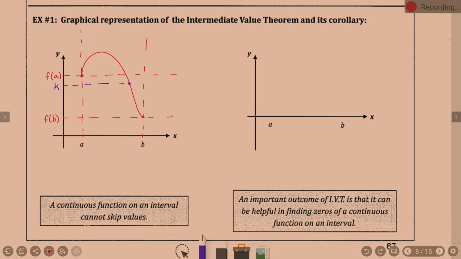That k value corresponds to what was the x value called? C. So that k value could also be known as f of c. But the idea is that if this k value is between f of a and f of b, then the c value will be between a and b. That's what your intermediate value theorem says.